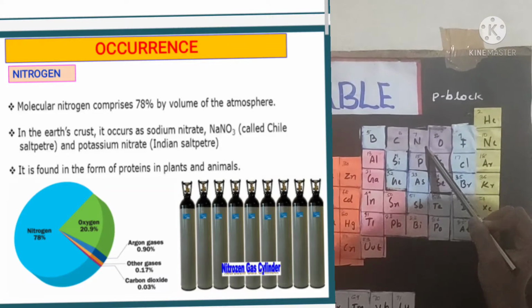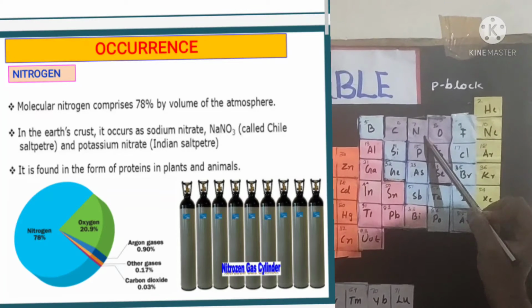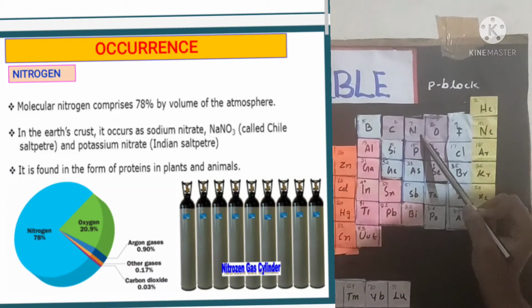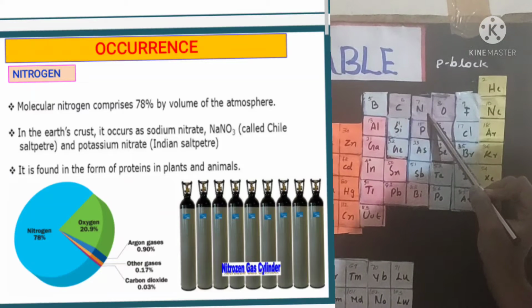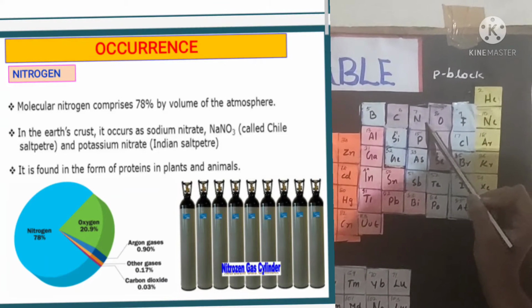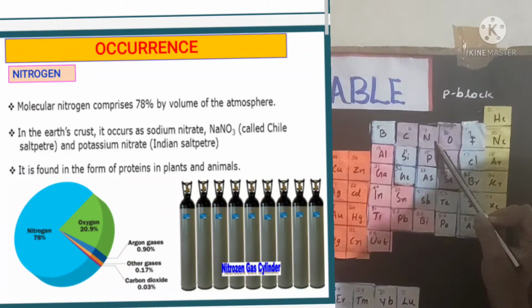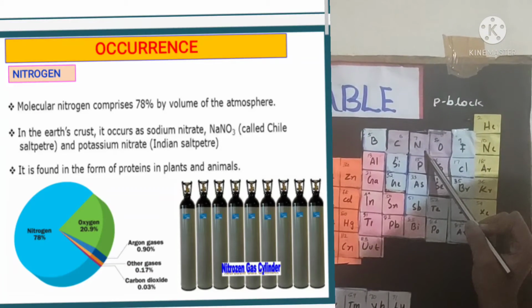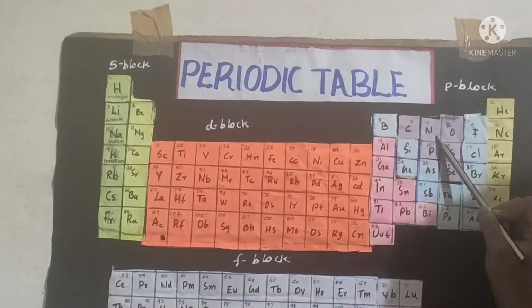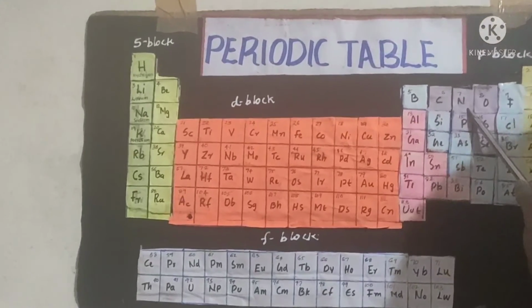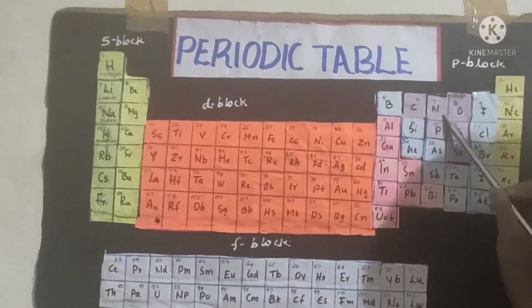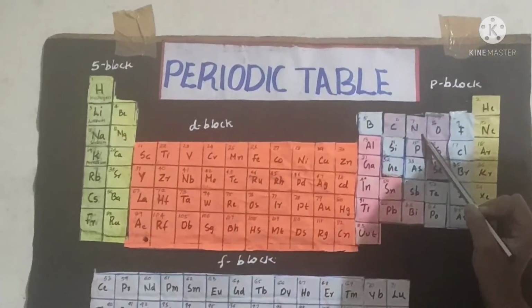Compounds like potassium nitrate, that is saltpeter, and sodium nitrate, chile saltpeter, ammonium compounds and fertilizers like urea contain nitrogen. And the phosphate fertilizers also contain nitrogen.